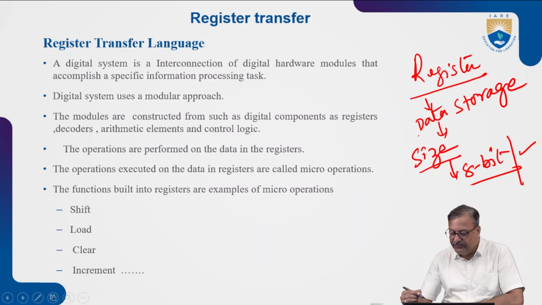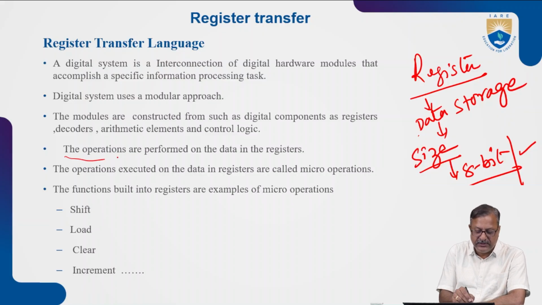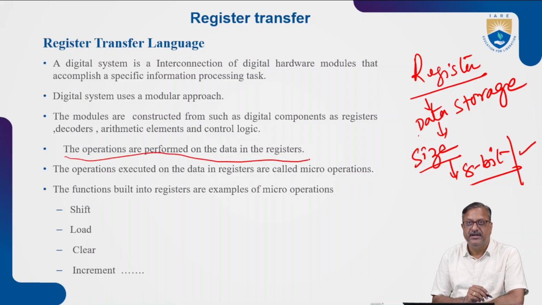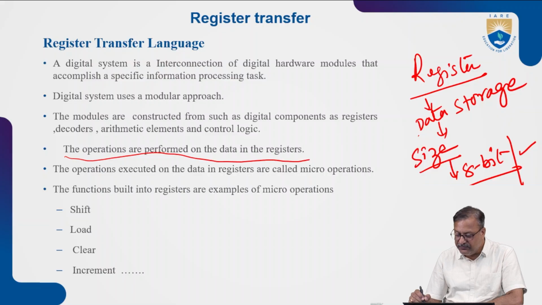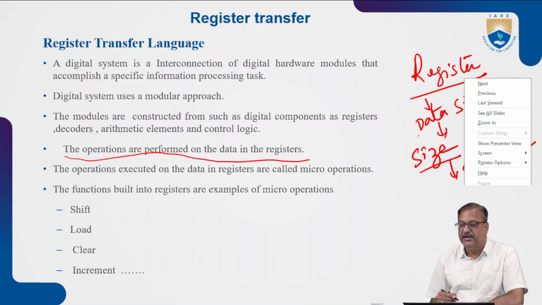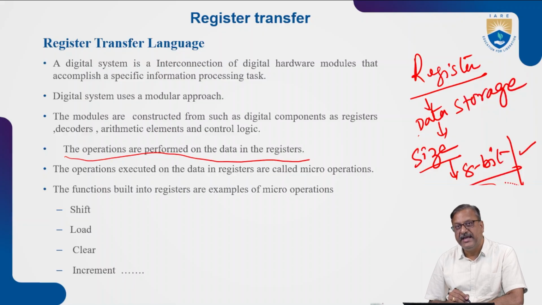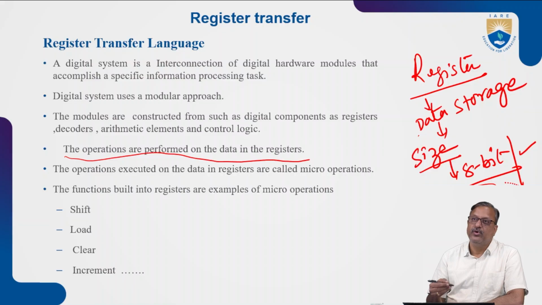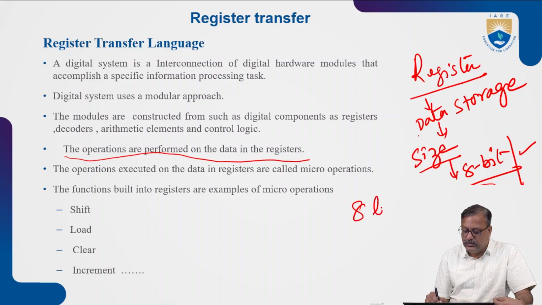Next, once we define the size of the register as 1 byte, in the third point, you say the operations are performed on the data registers. If I have only one register, then we can store only 8-bit of data. If we have more registers in a digital system, then more data can be stored. In any digital system, 8 to 12 registers may be taken.